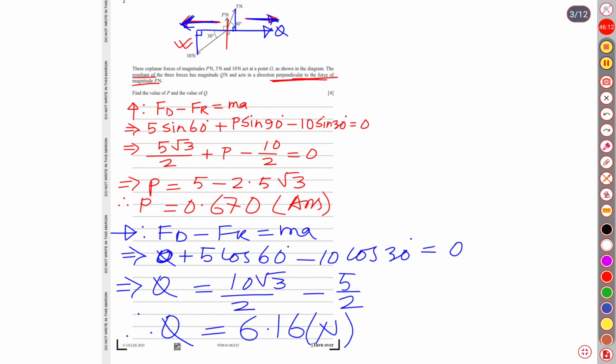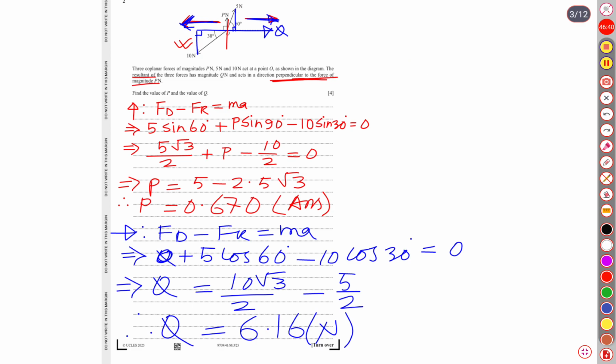Now look at this. The twist was whether Q is on the positive side or negative side. If you assume it to the negative side, what would happen? It will be 5 cos 60 minus, no, it is 10 cos 30.